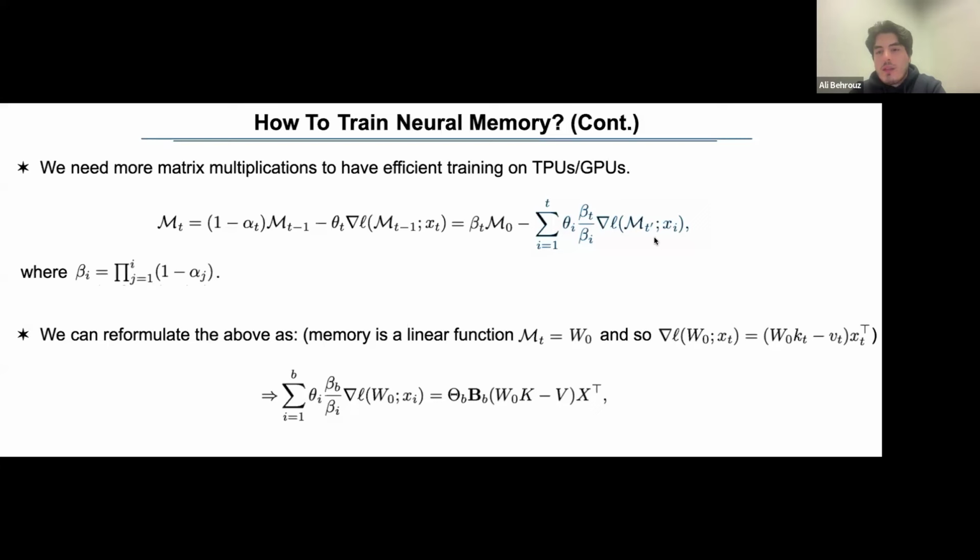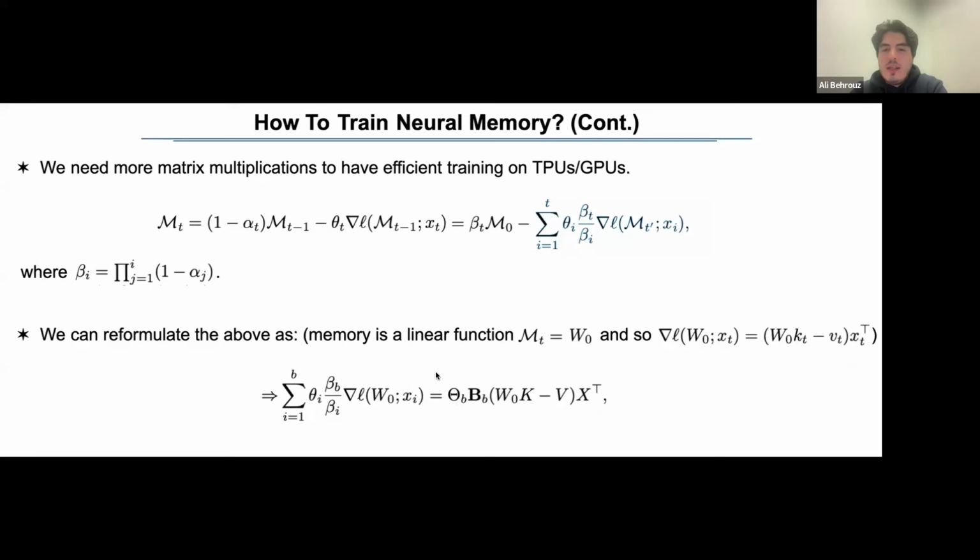So if we replace MT with the matrix and take the gradient, we can see that the gradient would be very simple, just W0 times KT minus VT times XT. Now if we substitute this term into this summation, we can see that theta I, beta t, beta I are scalar values. So one thing we can do is to construct a matrix theta b here.